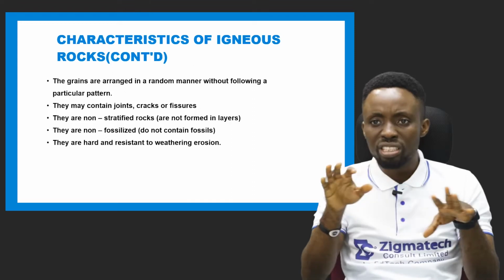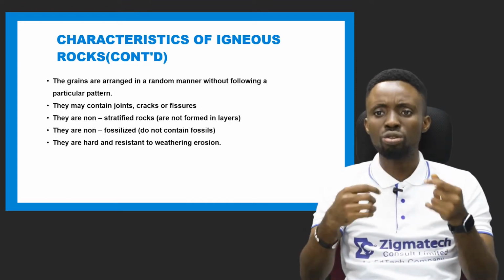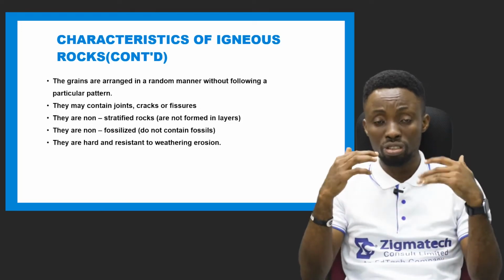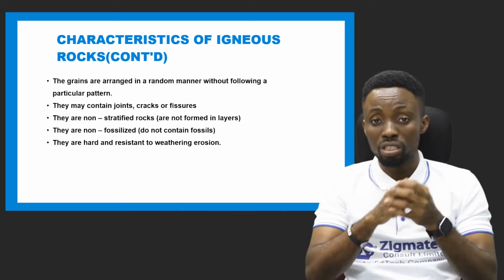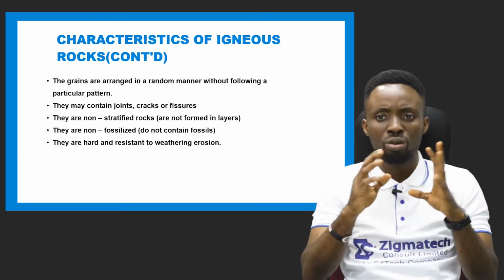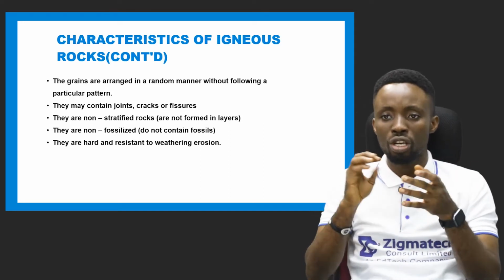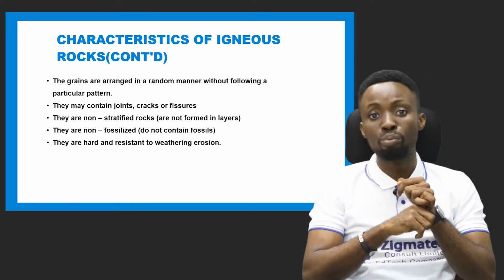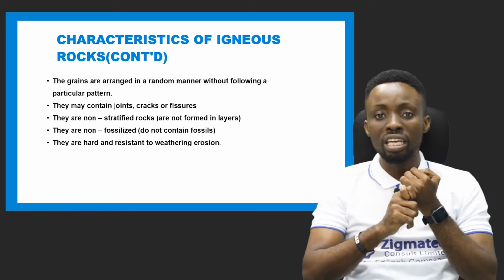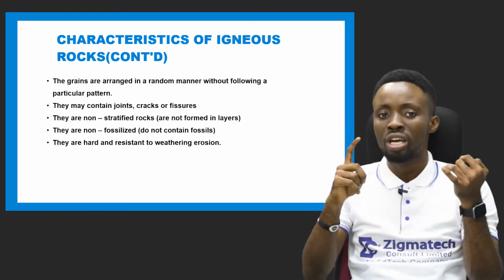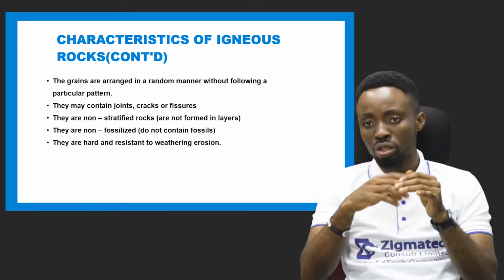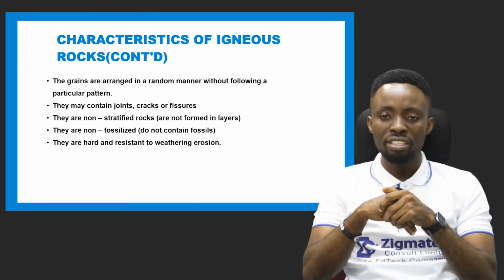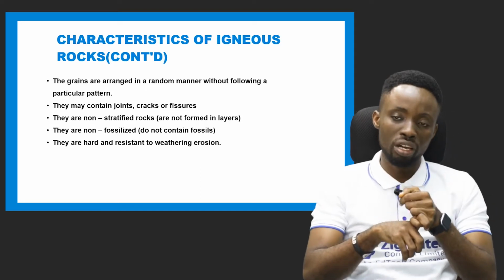The grains are arranged in a random manner, and they can also contain joints or cracks. After solidification, they can contain different fissures or cracks on their surface. Like I previously said, they are not stratified, they don't occur in layers compared to the other types of rock, and they don't contain fossils because they are made from solid magma. And this type of rock is hard and resistant to weathering and erosion.